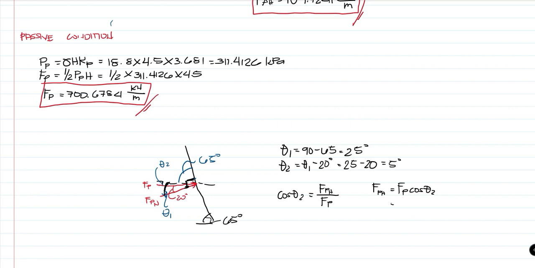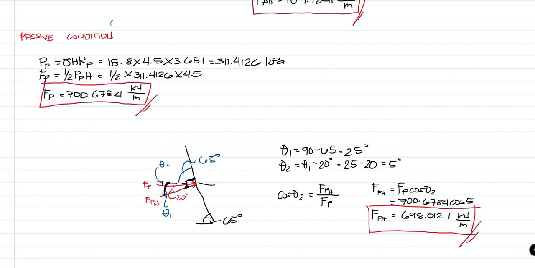So FP will be equivalent to a value 700.6784 cosine ng 5. So we can have a value of the horizontal component of the passive earth force equivalent to 698.0121. This is in kilonewton per meter. So ito na ngayon yung final answer na hinahanap natin for the horizontal component of the passive earth force.